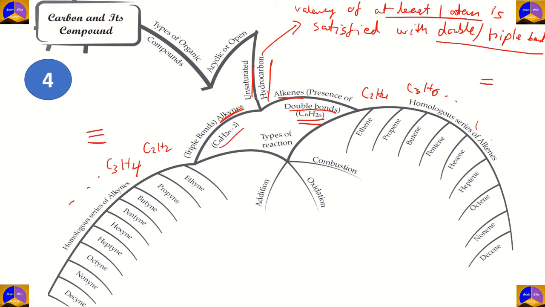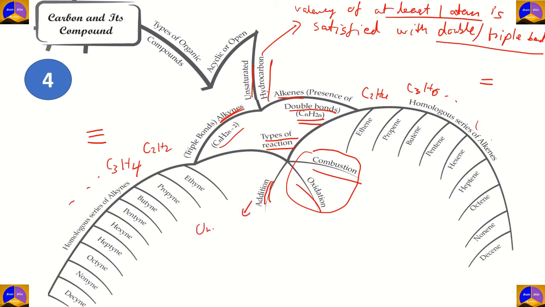Now, when it comes to types of reactions in unsaturated compounds, combustion and oxidation were discussed in the section for alkanes. So combustion and oxidation also occur in both alkenes and alkynes. These two reactions occur in all kinds of carbon compounds. The reaction that is unique to unsaturated hydrocarbons is addition. So what is addition?